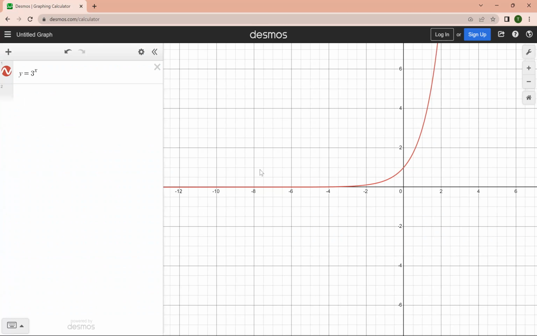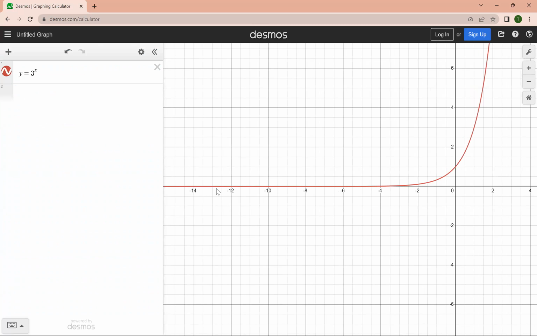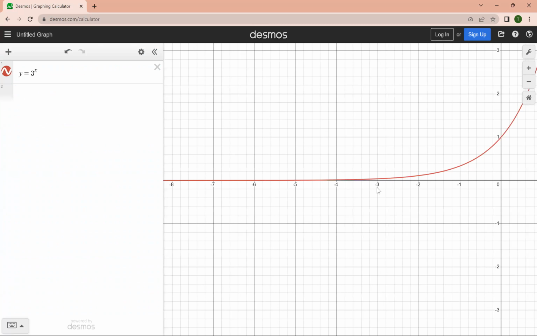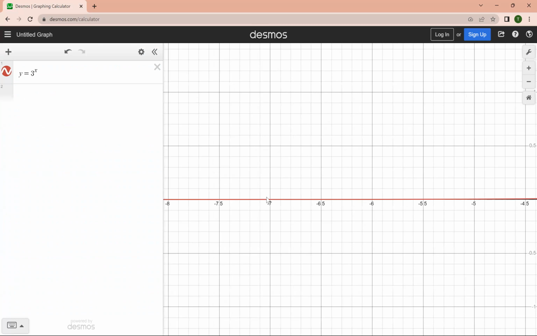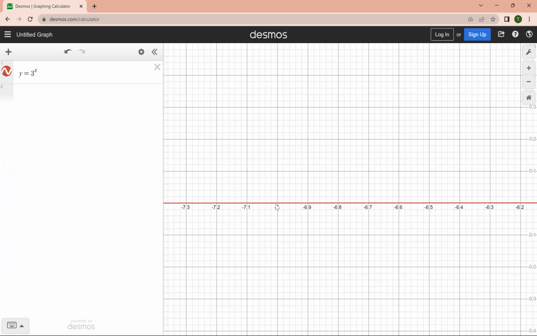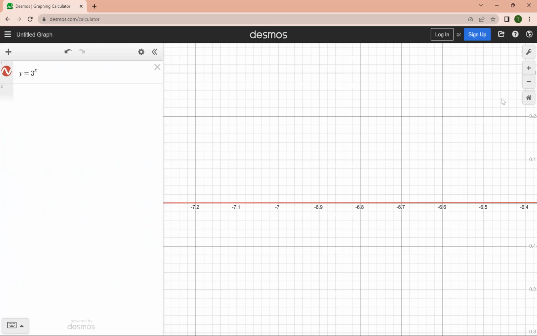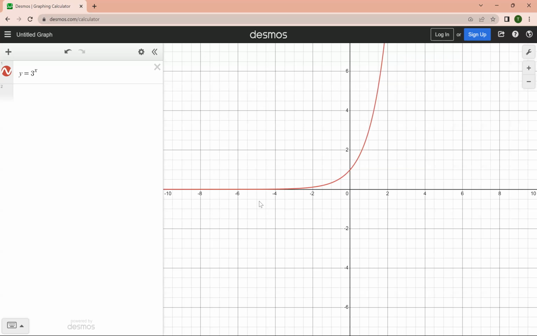And if we go left, do you think that it ever crosses the x-axis? If we zoom in, see how it doesn't, it's approaching it. And if we come over here and zoom in, do you think it ever crosses? No, it doesn't look like it. It's just a little curve, a nice little turn.